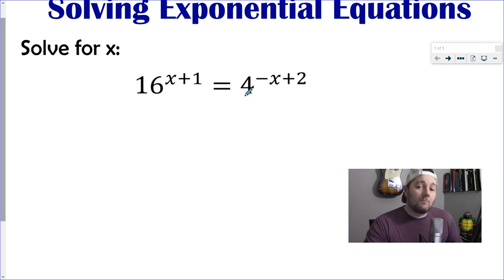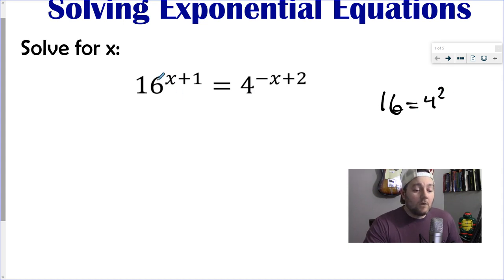When I have even numbers like 16, 4, 32, 64, they all have 2 in common. So 4 is 2 squared, 16 is 2 to the 4. Sometimes you get lucky, like in this one, where I can write 16 as 4 to the 2.